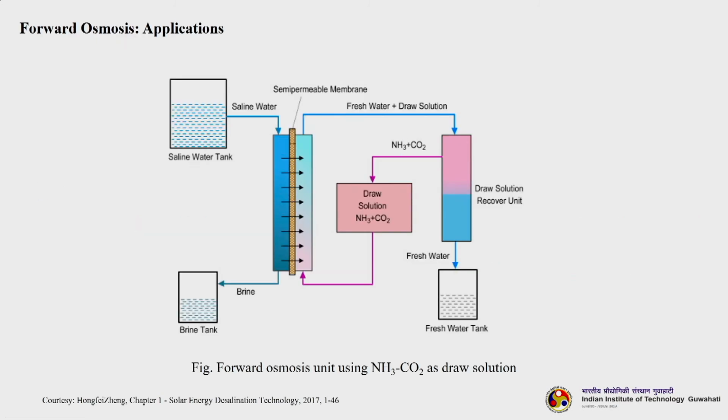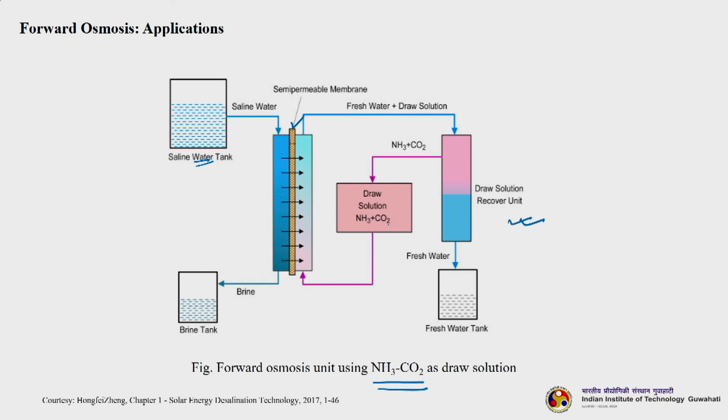So, this is an example of a forward osmosis application. Here you can see saline water being fed to the forward osmosis process, and this is the semi-permeable membrane. On the other side we are using ammonia and carbon dioxide as the draw solution. This is the draw solution tank, actually a recovery unit.